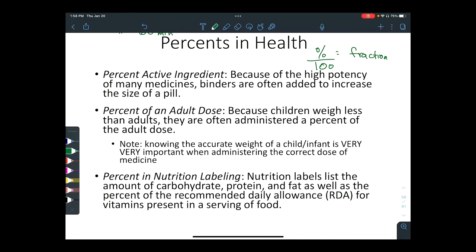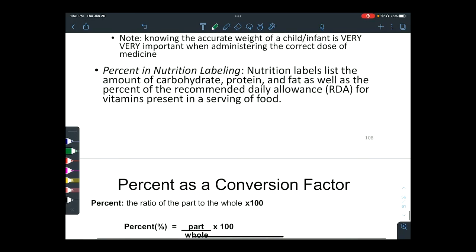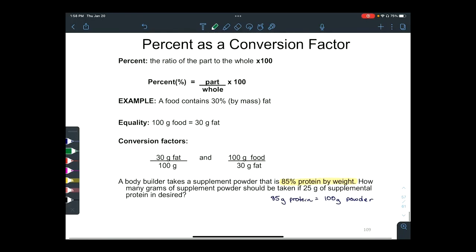Oftentimes when a child comes in for a doctor's appointment, and if they're super, super sick, they will make sure and take the time to get a very accurate weight of that child to make sure that they're correctly dosing them to the manufacturer's specifications. Because if they get the dosage wrong, remember, children can't vocalize if something is wrong, right? So dosing for children, very important. And oftentimes it's a percentage of the adult dose here. So I think it's best if we just do some examples, all right?